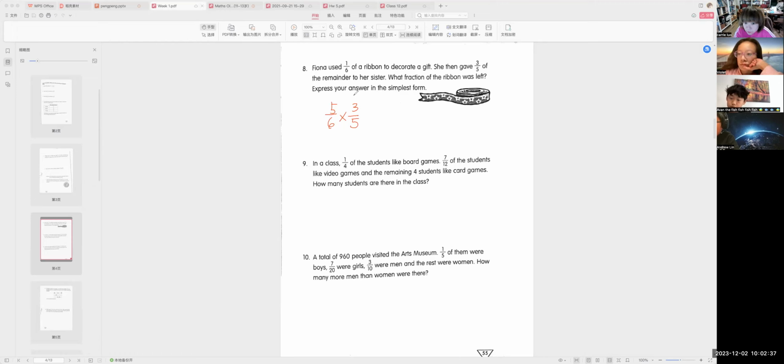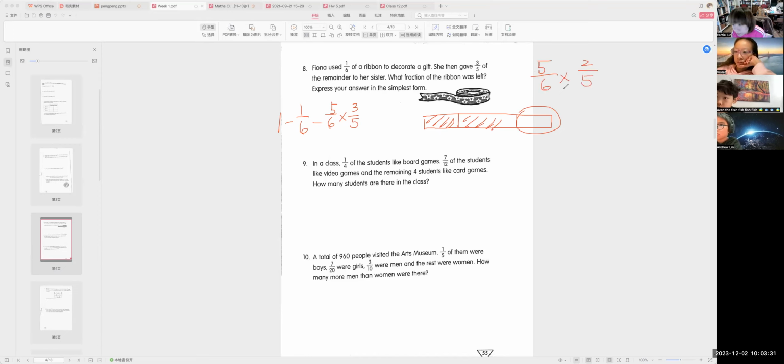What fraction of the ribbon is left? We have 2 choices. We can do 1 minus 1/6, minus 5/6 times 3/5. But I will teach you a method. 1/6 has been used, and 5/6 of the 3/5 has been used. If we want to know what is left, can we just do 5/6 times 2/5?